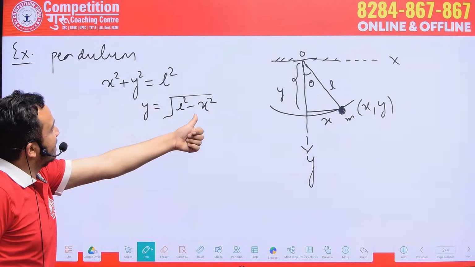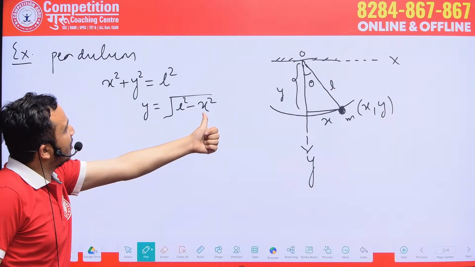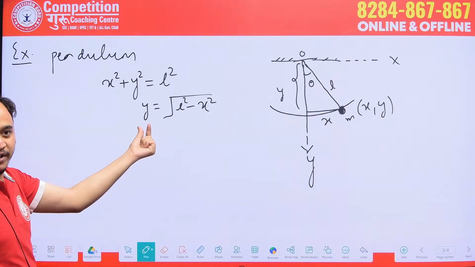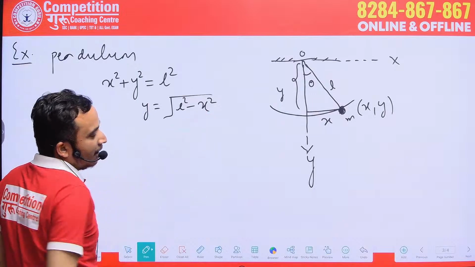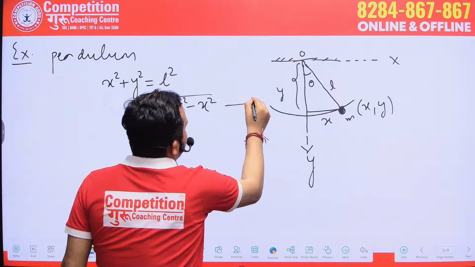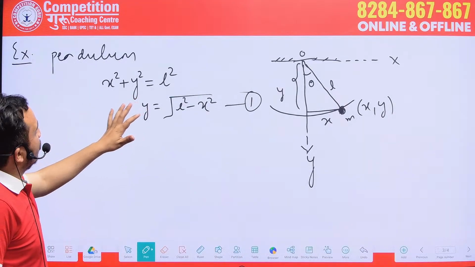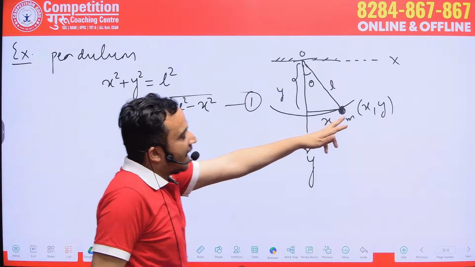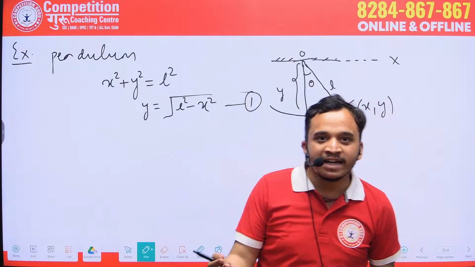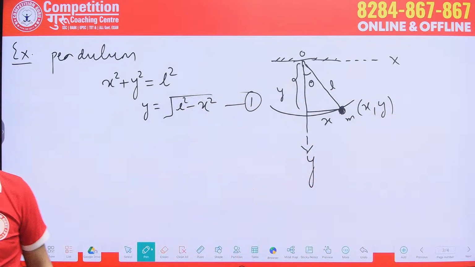So x is an independent variable and y is a dependent variable. So y is depending upon the x. Let us take this as equation number 1. So this is the generalized coordinate. So generalized coordinates here are x and y. Q1 is x and Q2 is y.